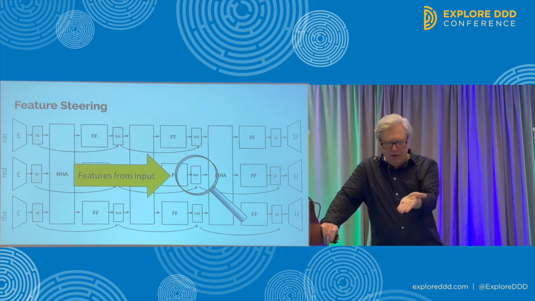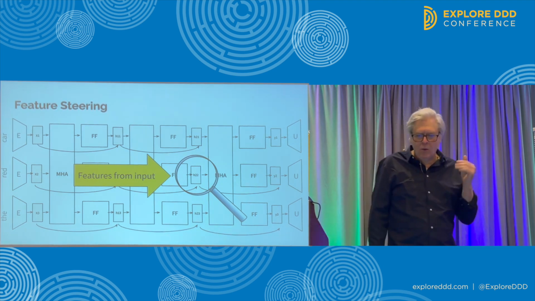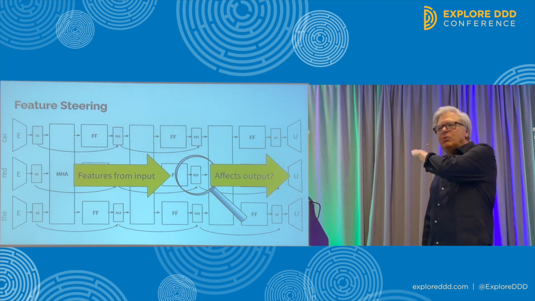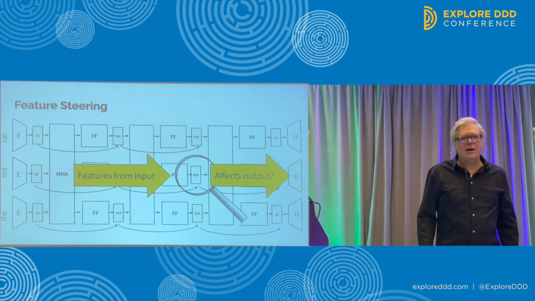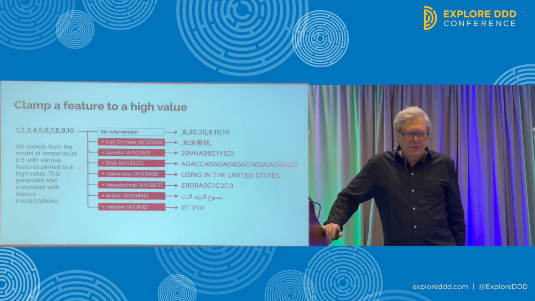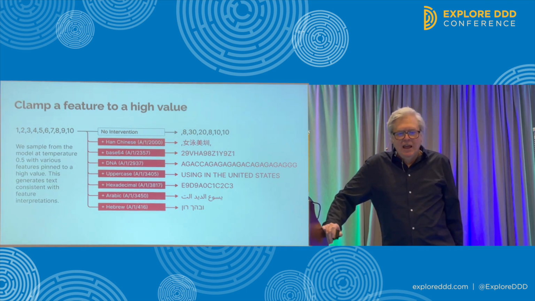So up to now, we've talked only about how the input leads to whatever numbers are in that H22. But now let's talk about what the H22 leads to as it goes through the rest of the layers into the output. If you take that same example and you put in 1, 2, 3, 4, 5, 6, in other words, a sequence of integers, and you do nothing, it'll produce some semi-random sequence of integers.